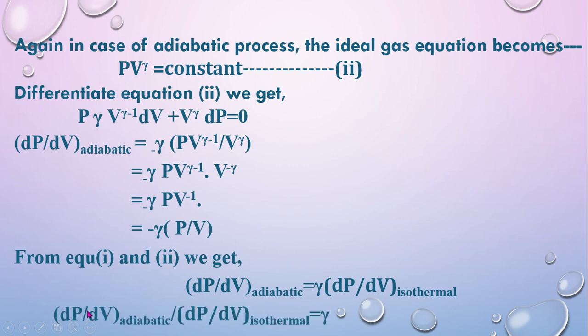So dP/dV of adiabatic divided by dP/dV of isothermal equals γ. That means the slope of adiabatic divided by the slope of isothermal equals γ. That means the slope of the adiabatic curve is γ times steeper than that of the isothermal curve.